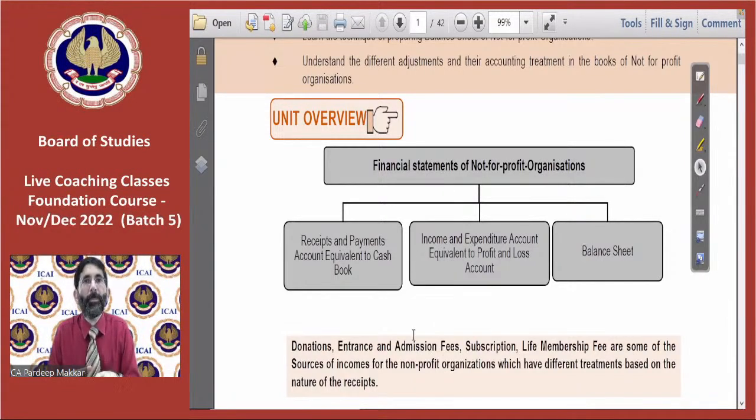Now, how will they prepare their final accounts, when they are not doing any trading or manufacturing? They are working for the welfare of the society, because schools, hospitals and colleges are not going for any trading. So we will discuss in this chapter, final accounts of not for profit organizations.